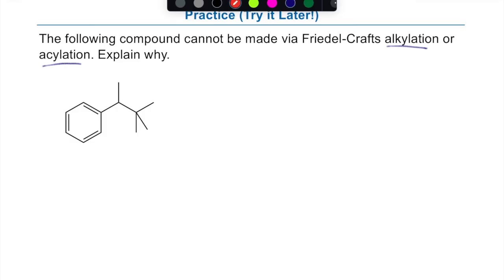It can't undergo alkylation because the species that is needed would be a secondary carbocation, and that would undergo a methyl shift to form the tertiary carbocation.